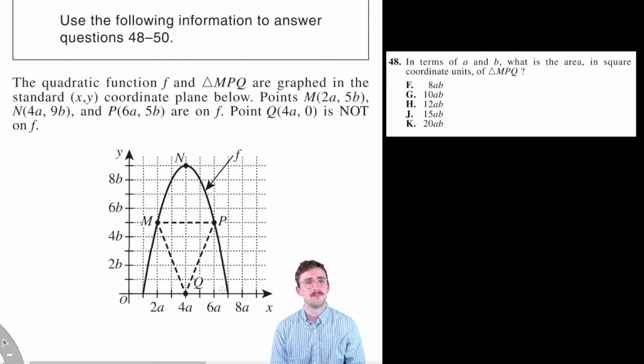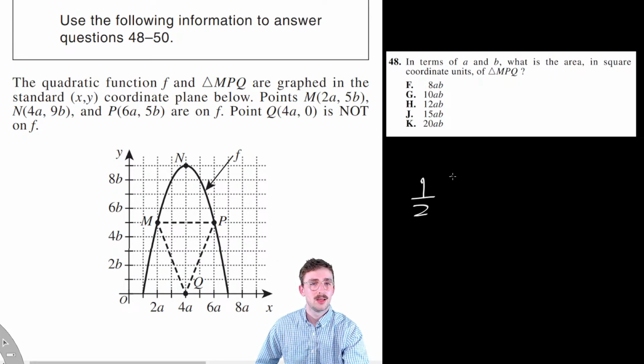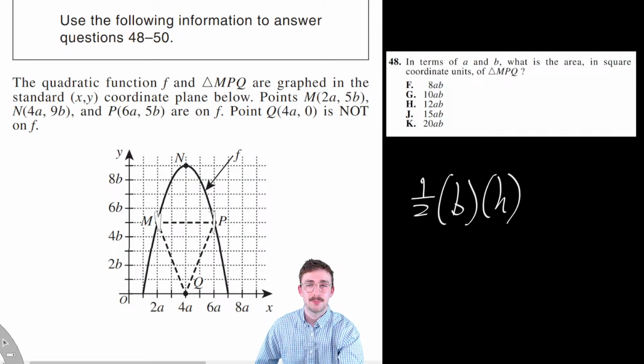So what I see here then is the area of a triangle is 1/2 base times height. So we have 1/2 base times height. The base is going to be from M to P, which is from 2A to 6A, so that's 4A.